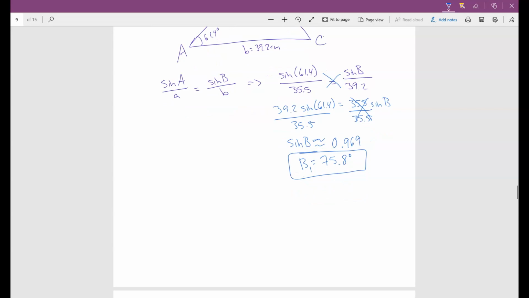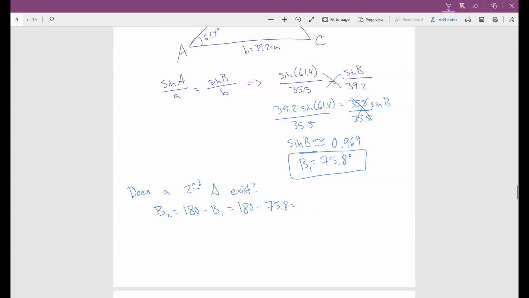Well, if a second triangle exists, so does a second exist? If a second one exists, that means I can calculate B2 by taking 180 and subtracting B1. So I'm going to take 180 minus the 75.8.